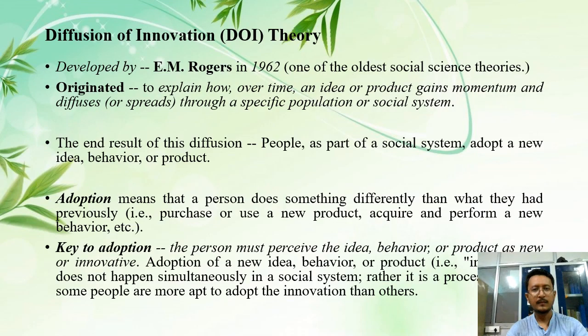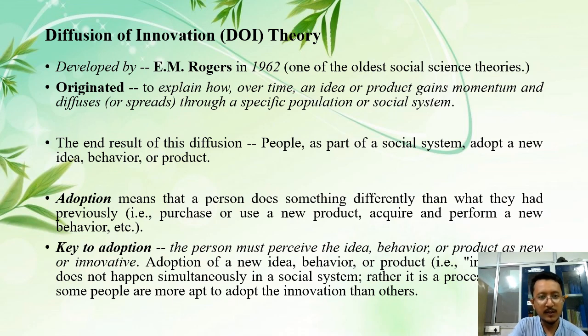All right. Okay, so next we're going to talk about another very important behavioral change theory, which is known as diffusion of innovation theory, in short, DOI theory. Now, this was developed by E.M. Rogers in 1962 and is also known as one of the oldest social science theories.